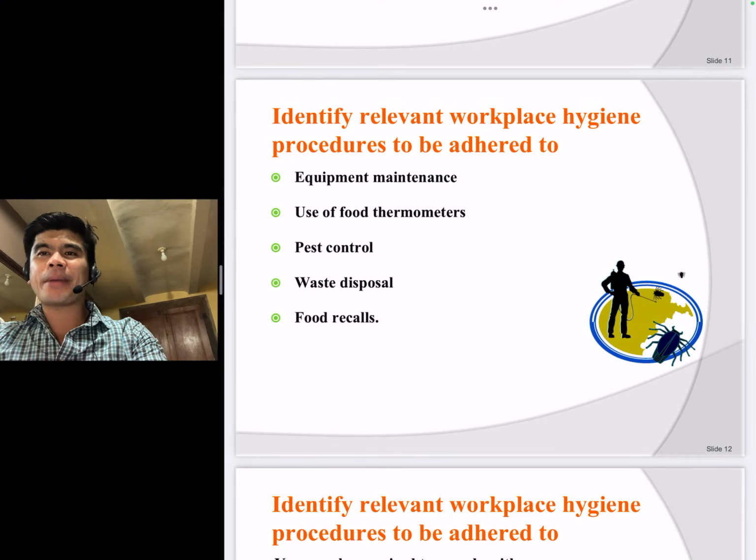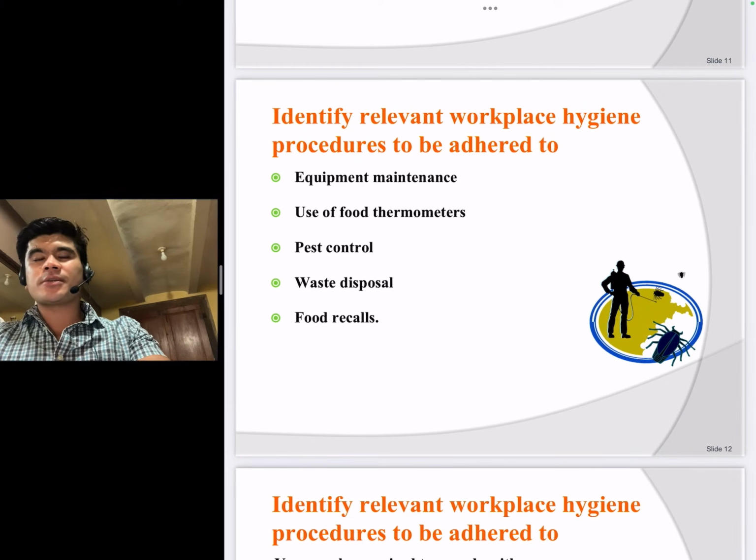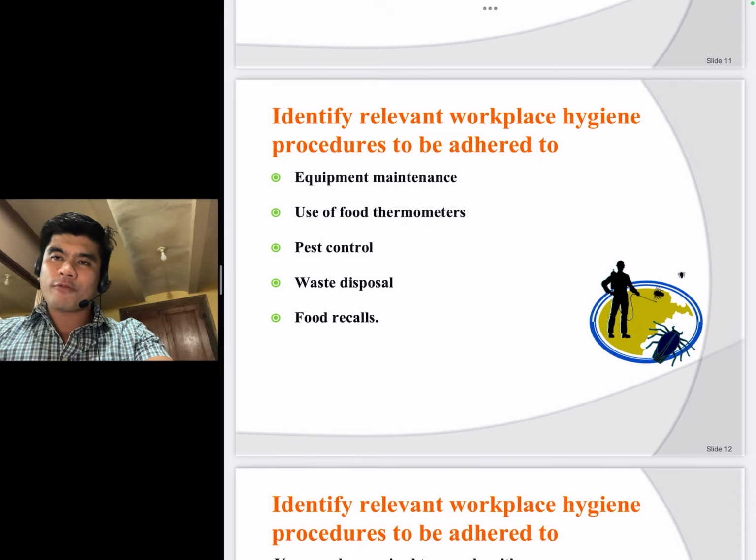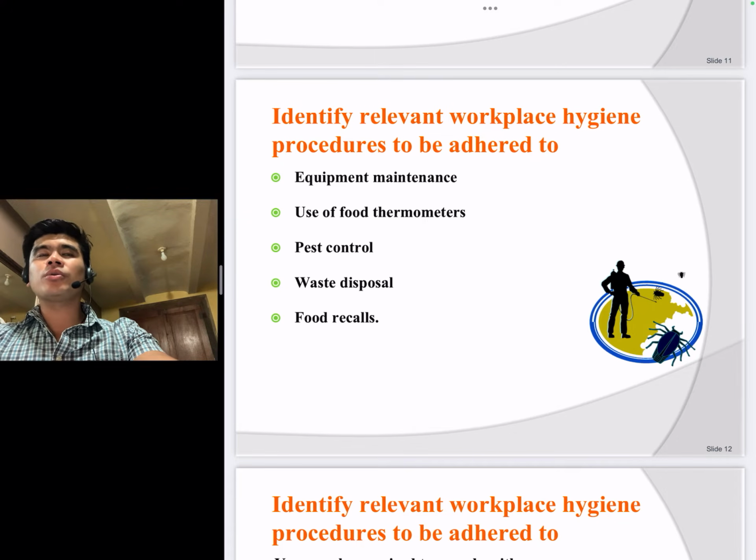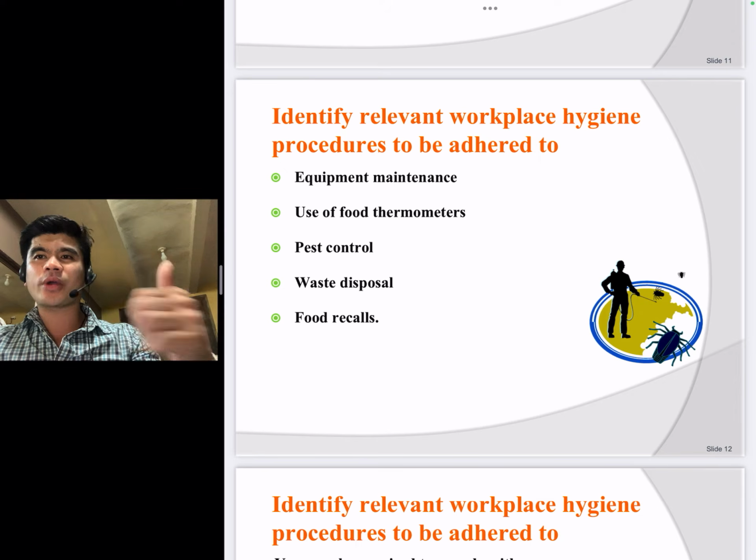And next we have pest control. As we all know, in any food service, you never want any pest in your establishment. So for you to be able to avoid that, you must do all the necessary things to control the pest. What are those? We have the mouse trap.